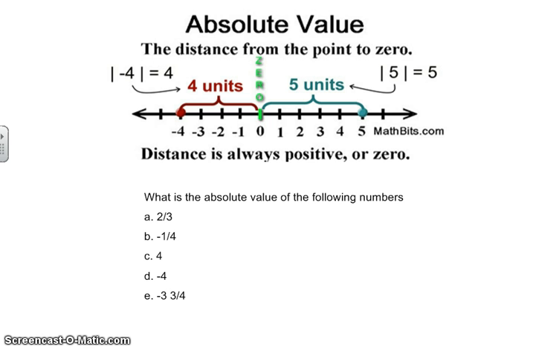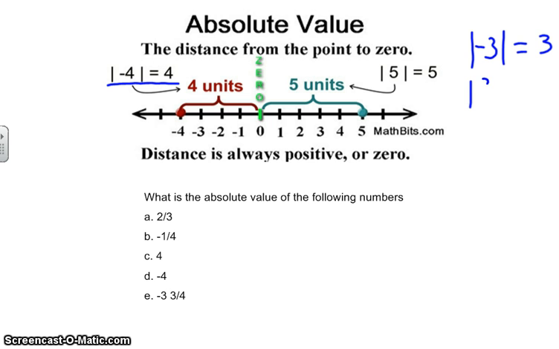Okay, here it is looking at it a little better. I really like this little picture here, but absolute value, which we've said over and over again, is the distance the point is from 0. Okay, so up here at the beginning, the absolute value of -4 equals 4. And just to clarify, whenever I have the bars like this with any kind of number in it, that refers to the absolute value of that number. So the absolute value of -3 is 3.